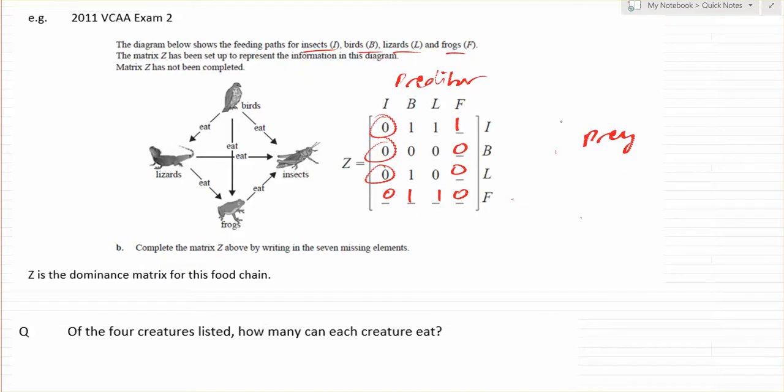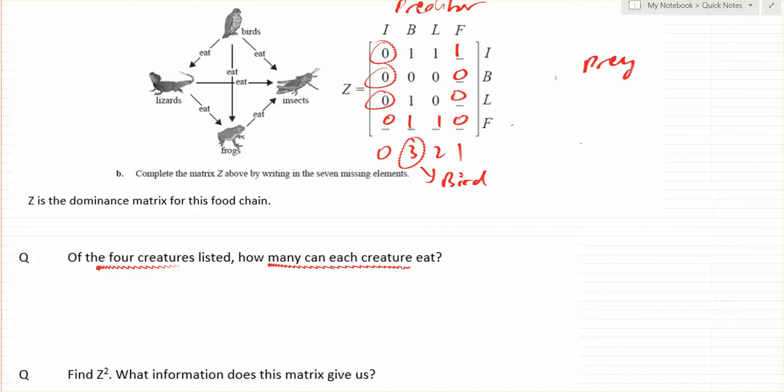So this is for direct dominance. Now, for the 4 creatures, how many can each creature eat? We just sum the predator columns. Here we've got 0. When we add them together, we've got 3 here, 2 here, 1 here. So we can see that the birds are the most dominant. The birds can eat 3 things. So of the 4, how many can each eat?